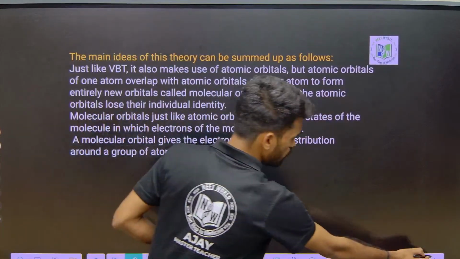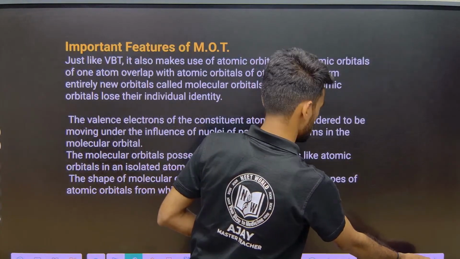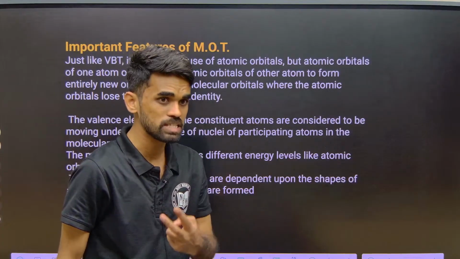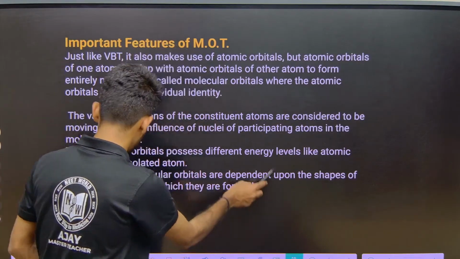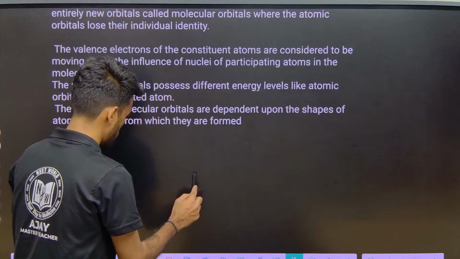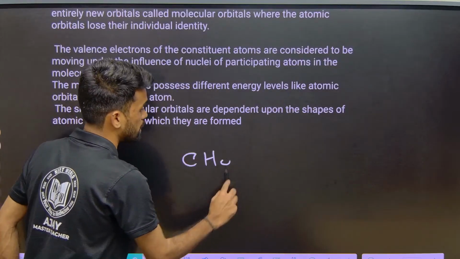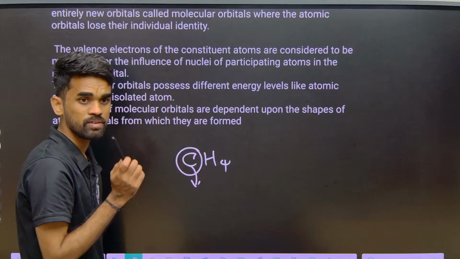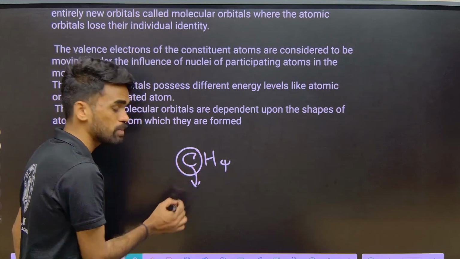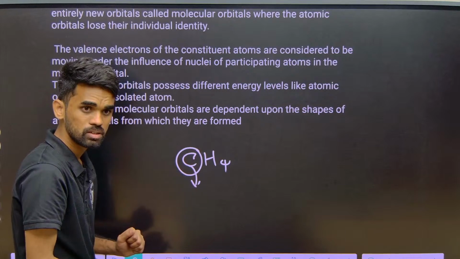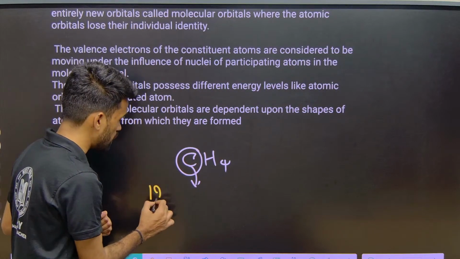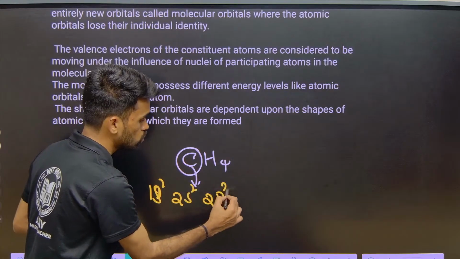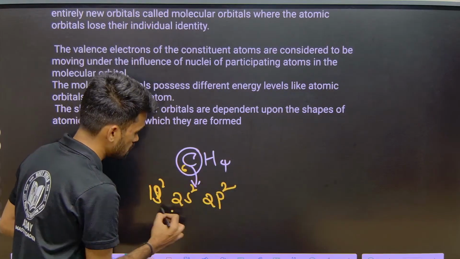Now what you need to know here. When I told you about hybridization and valence shell electron pair repulsion theory, for example when I discussed methane, I told you to consider the valency orbitals of the central atom. What are the valency orbitals of the central carbon atom? You write 1s2, 2s2, 2p2. Atomic number 6 means a total of 6 electrons.